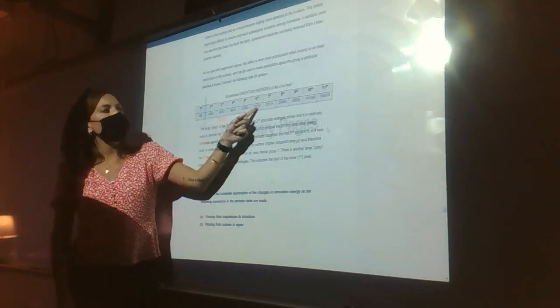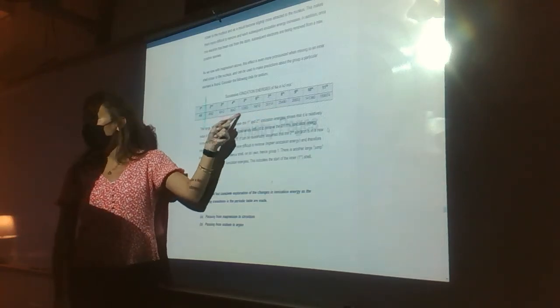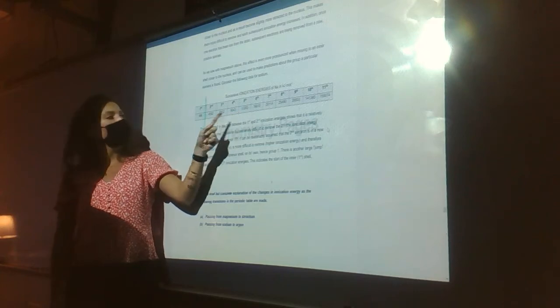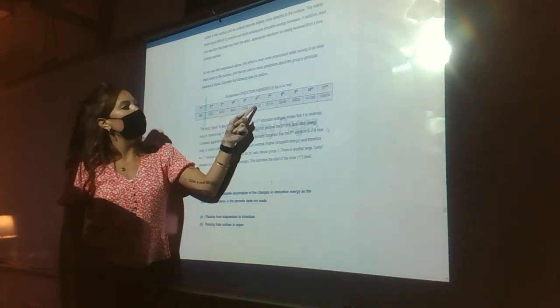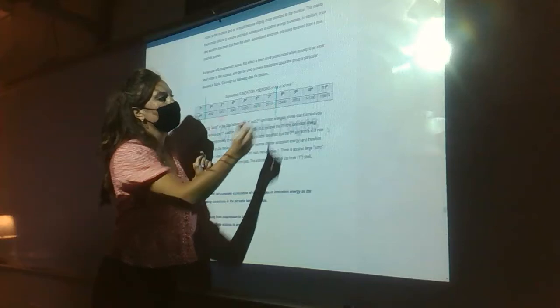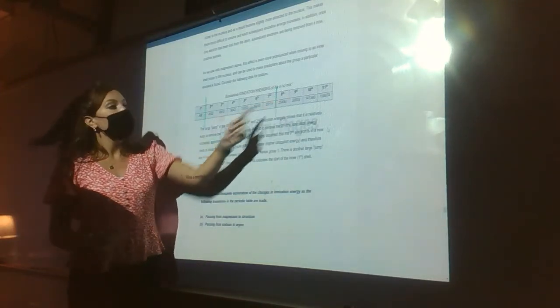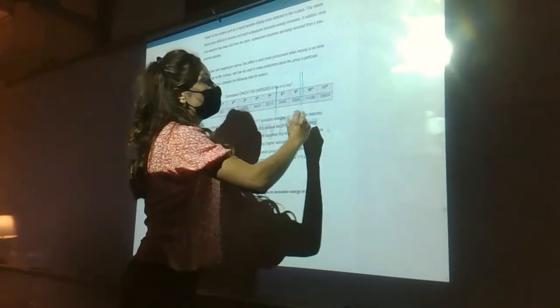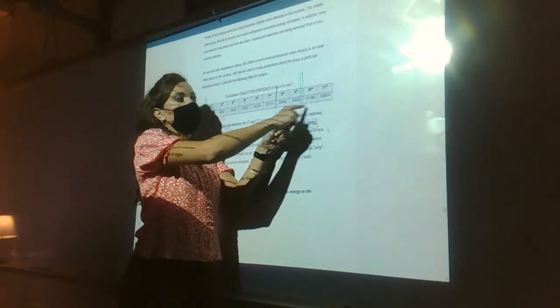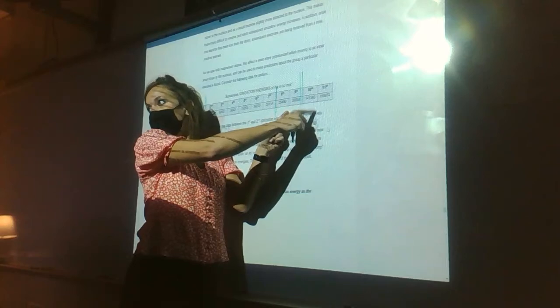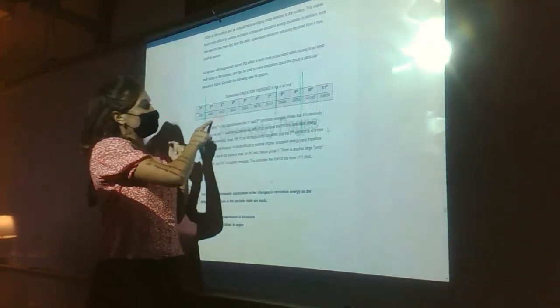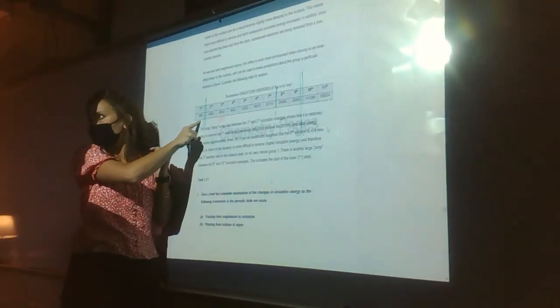And then all of these are fairly close, no big jumps. We do see a big jump. We remove 1, 2, 3, 4, 5, 6, and then we see a little bit of a jump here because we go from P to S within that energy level. But then we see another big jump here as we go from second to third energy level. The inner energy level, second energy level, third energy level.